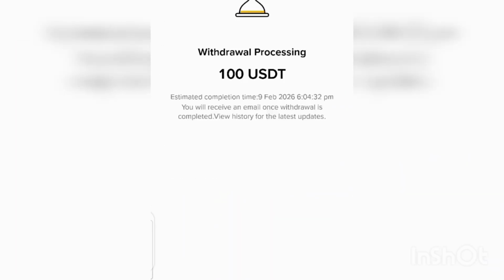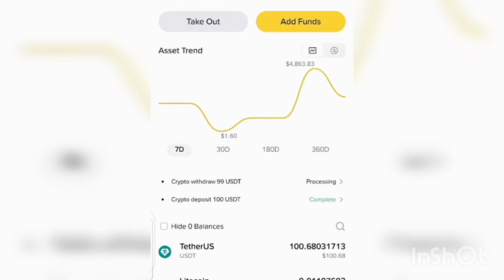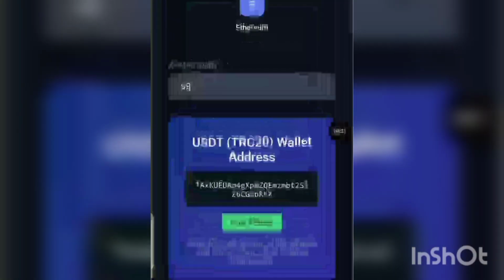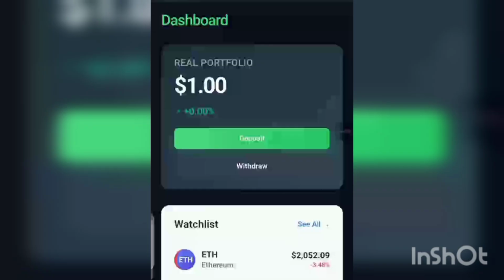So I'm done inputting my code. So let's go. Once it has been processed, you can see over here it says processing in Binance. Once it is done processing in your wallet, you come over to your bot.